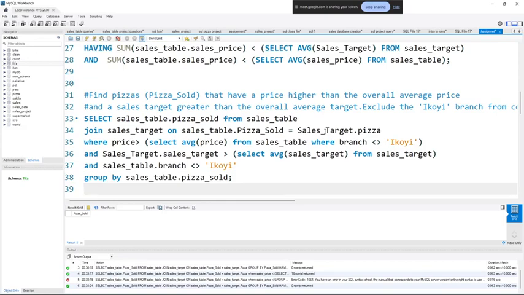Those two conditions. So in whatever you are doing, there is a condition to exclude Ikoyi branch. In whatever you are doing, exclude what? Ikoyi branch.